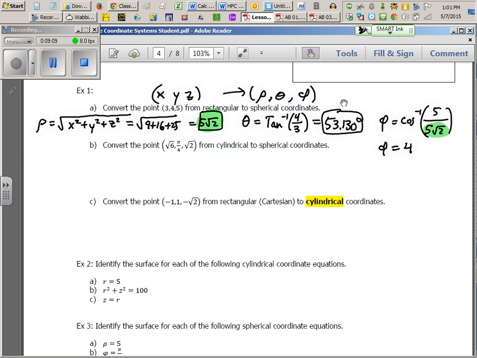So sometimes you don't need a calculator, but most of these angles you would probably. So here's your answer, and you should write it in this order, please. 9 out of 10 textbooks agree that it goes in the order rho, theta, phi. Okay, so we'll write 5 root 2, 53.130, comma, 45 degrees. Rho, theta, and phi.